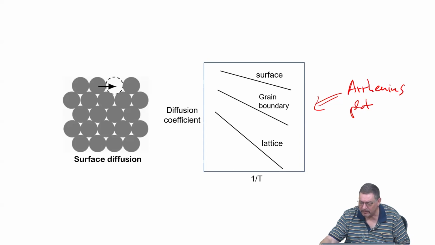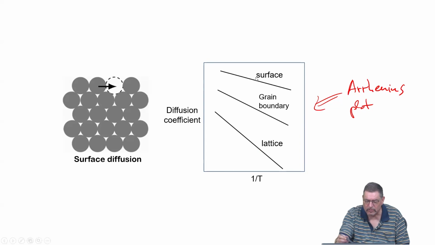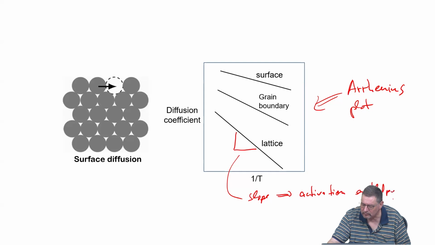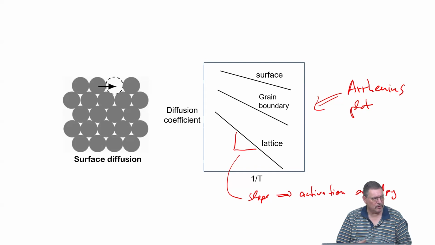So when we compare lattice diffusion, grain boundary diffusion, or surface diffusion: surface diffusion fastest, grain boundary diffusion in between, lattice diffusion the slowest, and the activation enthalpies, the slopes, are sorted in the same order. So on the surface very quick, in the volume very slow, at the same given temperature.